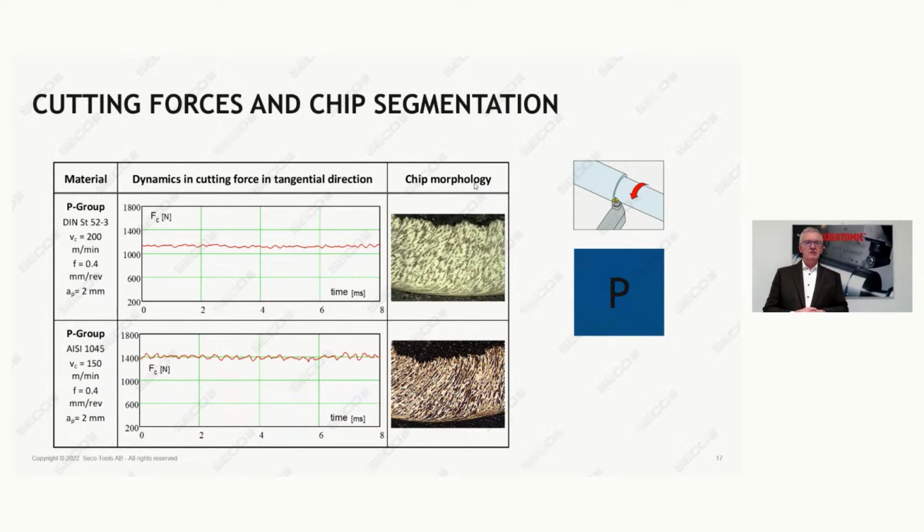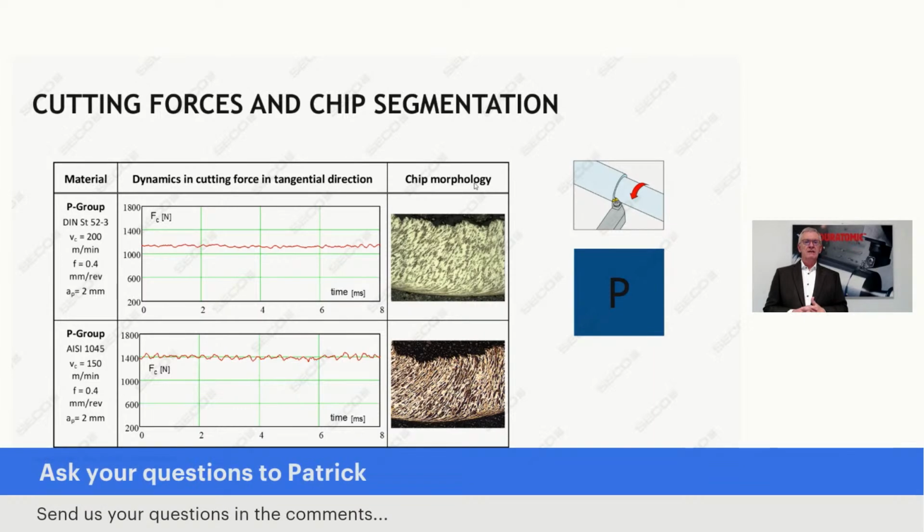In the case of steel machining, you see here two types of steel. Look first at the red line. The red line is the measured cutting force, and you see a rather flat line, a stable, constant cutting force, one could say.